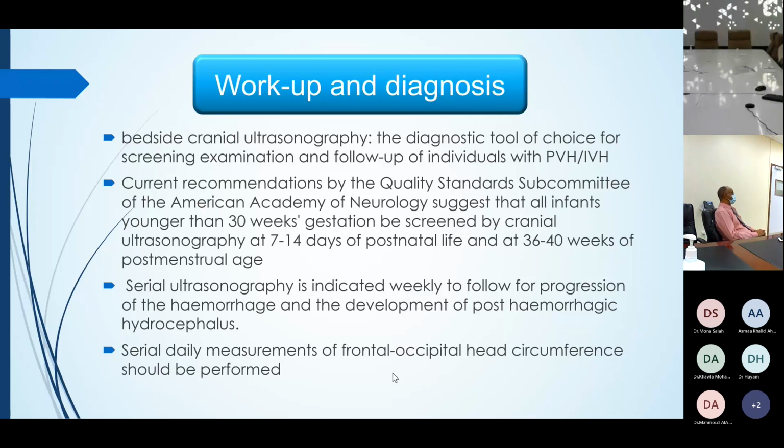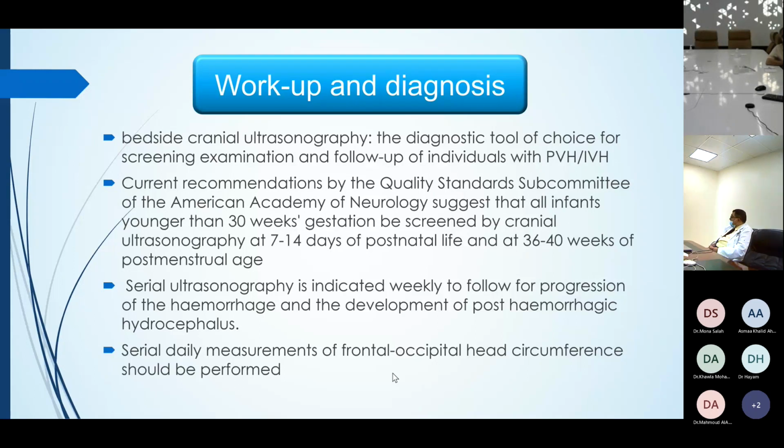Serial ultrasonography is indicated weekly to follow for progression of hemorrhage and development of post-hemorrhagic hydrocephalus. Serial daily measurement of fronto-occipital head circumference should be performed, especially if the baby's initial screening shows IVH.